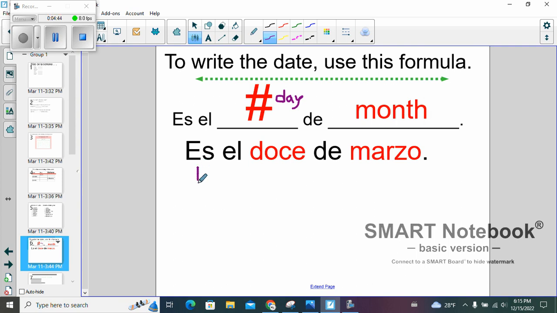So, it is. S means it is, and then L is the. And then we have the number. In this case, we have the 12th.